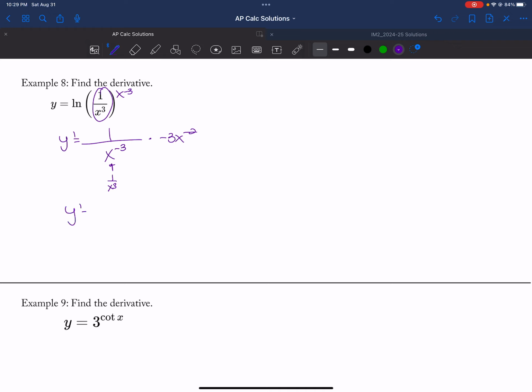So then my y prime ends up being x cubed in the top, a negative 3 in the top, and an x squared in the bottom. So then y prime is negative 3x. Notice what I did. So this became 1 over x cubed. This turns into the denominator, goes 1 over x squared. The 3 stays in the top.